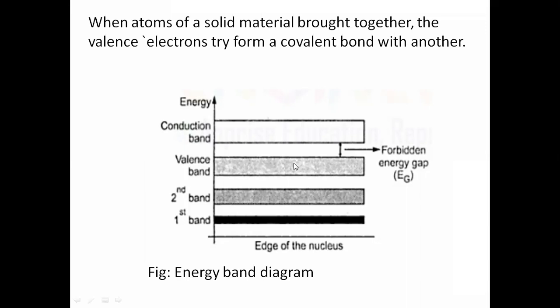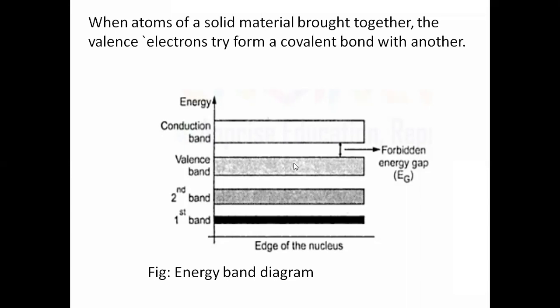The valence band is nothing but the electrons present in the outermost orbit, or outermost shell, of the atom or molecule. The electrons may be fully filled or partially filled.